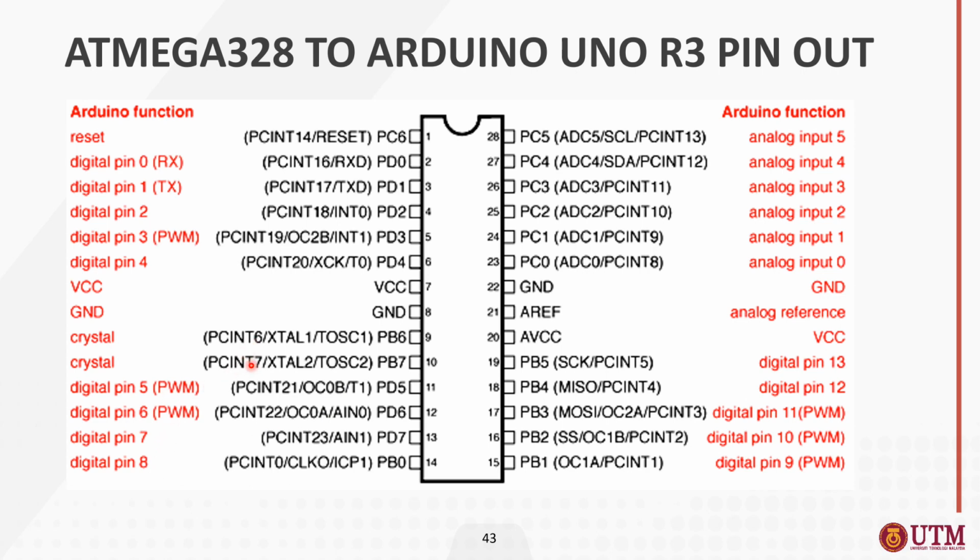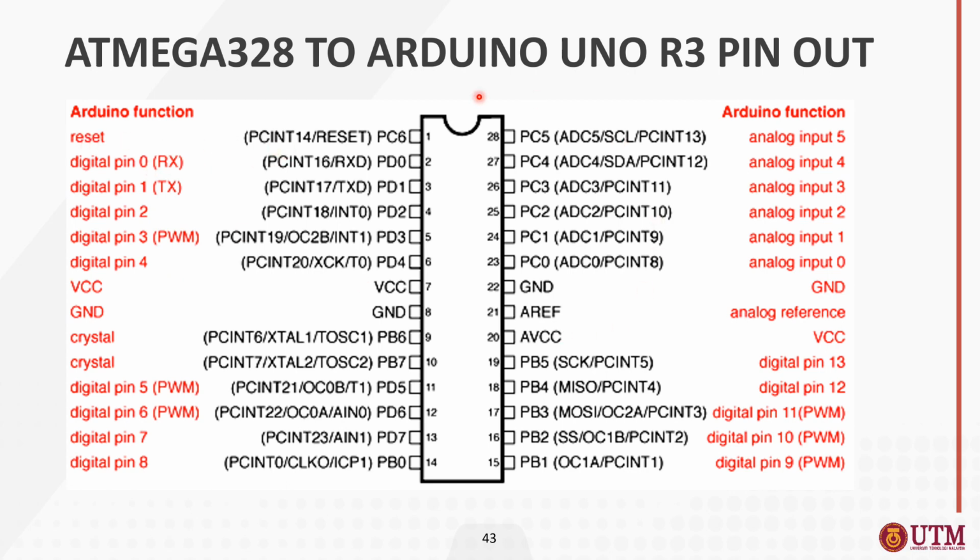And then these 2 pins are connected to the crystal oscillator, the shiny thing on your Arduino. GND will be connected to the ground, VCC will connect to the VCC. PD4, PD3, PD2, PD1, PD0 will be connected to digital pin 4 until digital pin 0. And then reset will be connected to the reset button.